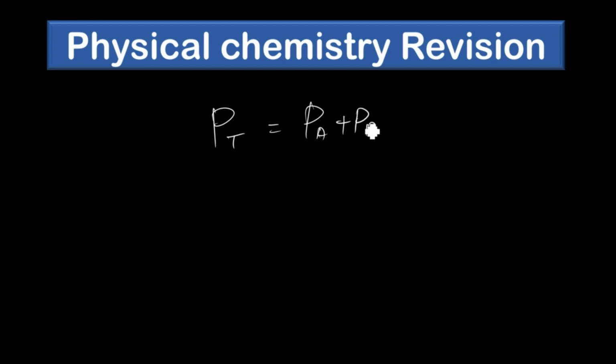You can just substitute the values to get the total pressure. We saw these were volatile components.